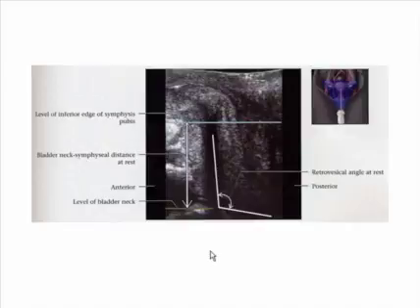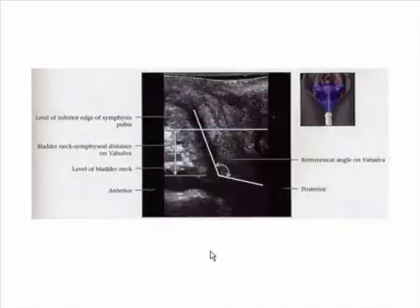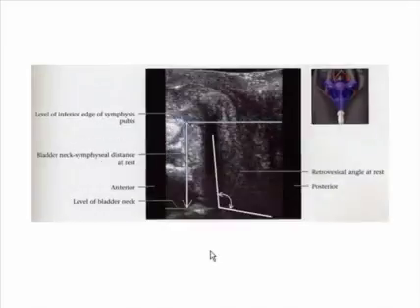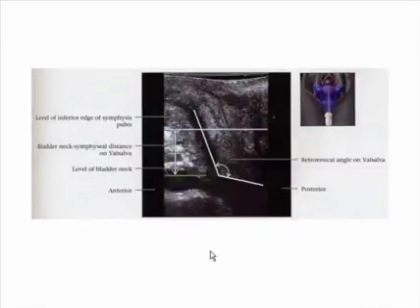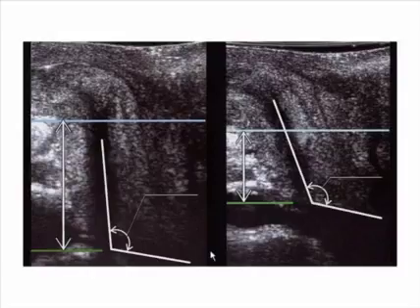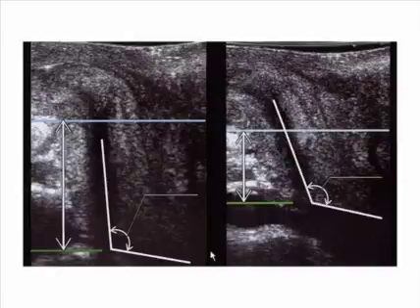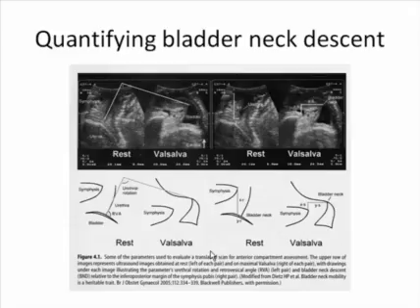And this is more of the same with the high resolution image. This is the retrovesical angle at rest, and now when the patient is asked to strain down, the difference between the two, this is at rest, this is at Valsalva. So the retrovesical angle can now be calculated, and in this case, of course, it's less than 120 degrees, and the bladder descent is less than 30 millimeters, so this would be normal.